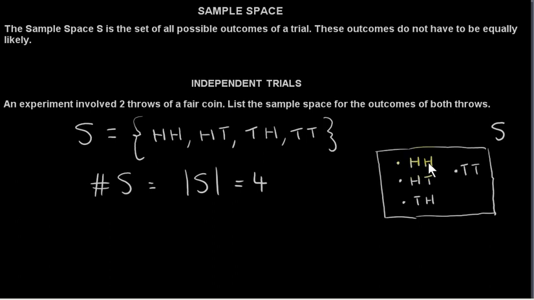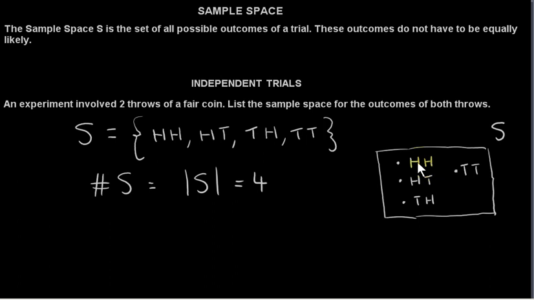So we're dealing with independent trials. Each outcome consists of 2 independent trials, so the result of the second throw does not depend on the result of the first throw. Let's suppose that the trials were not independent, that they were dependent. Let's suppose that getting heads on the first throw somehow increases the probability of getting heads on the second throw.